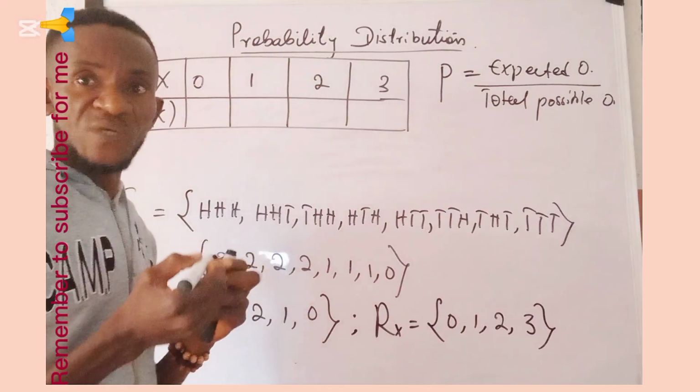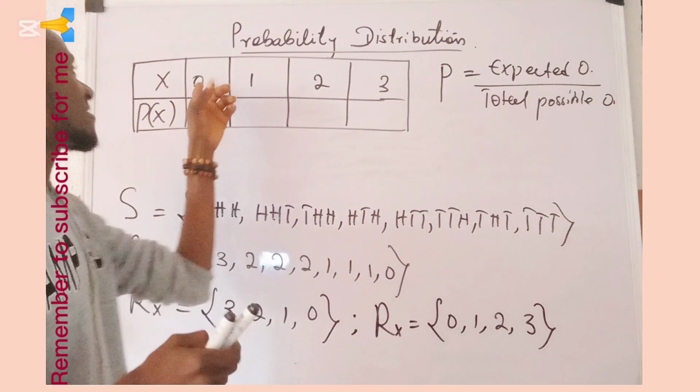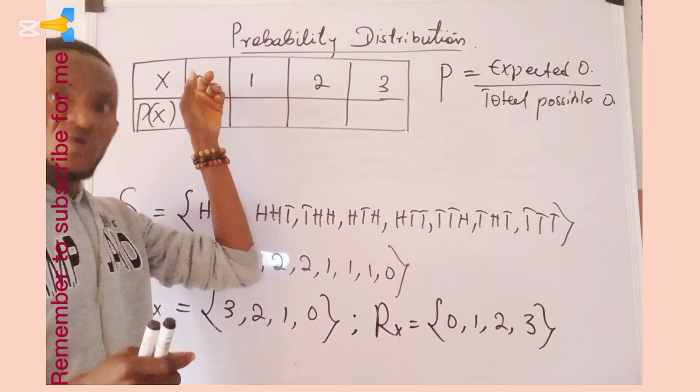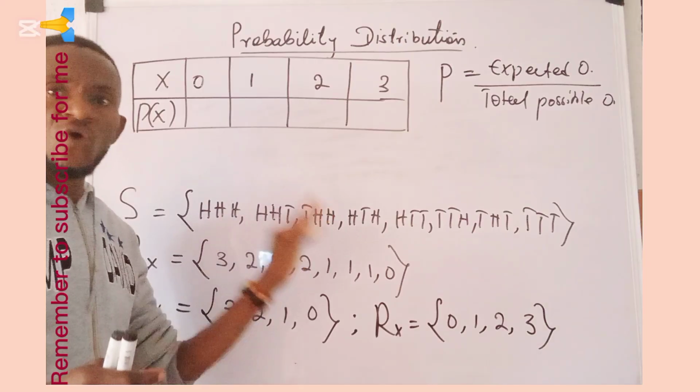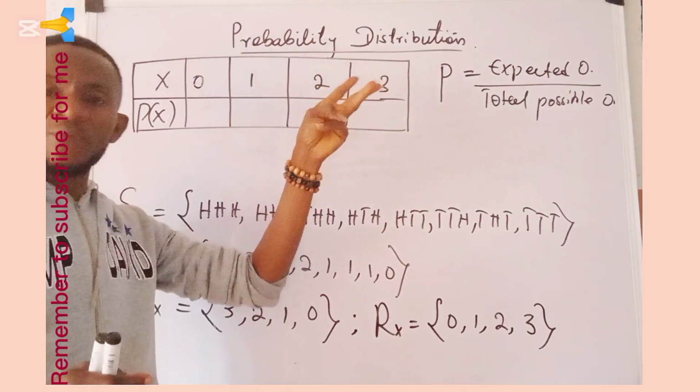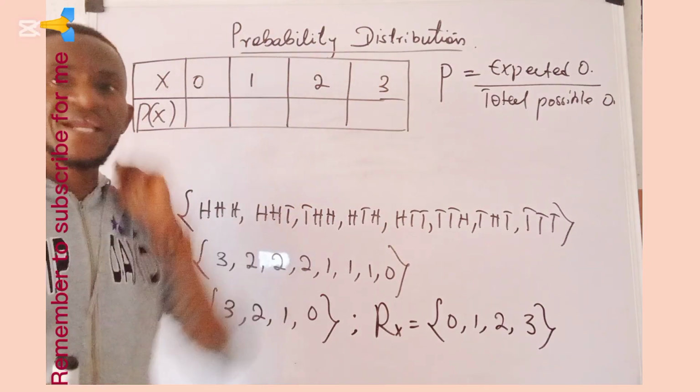Permit me to write it that way. So here our interest is on 0 heads. My expected outcome here is a particular outcome when I toss 3 fair coins up and I happen not to have a head there.